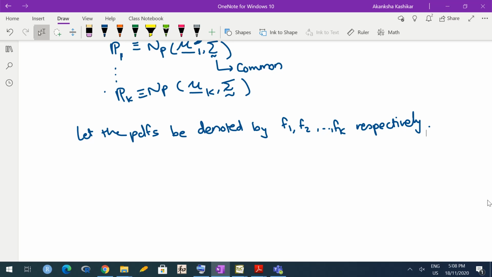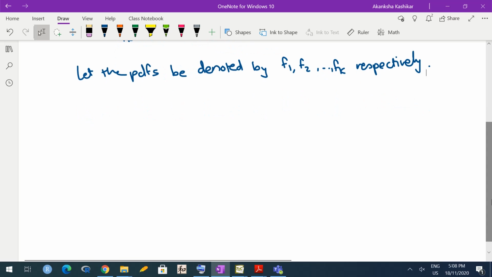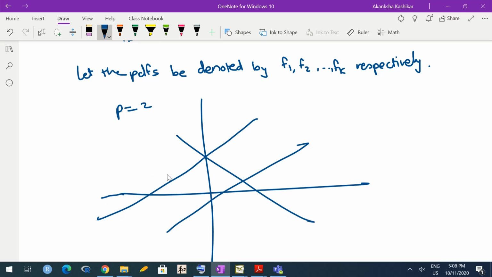Now, when we say we are going to allot a new observation to a certain population, what do we mean by that? Just for the sake of convenience, let me consider p equal to 2. That is, suppose I have bivariate populations only, so I can draw pictures. Now when I say I am going to form some discriminant analysis rule, suppose we are dividing the space like this.